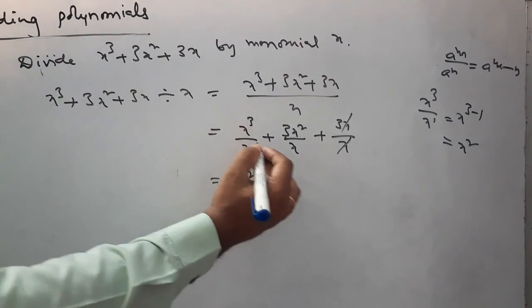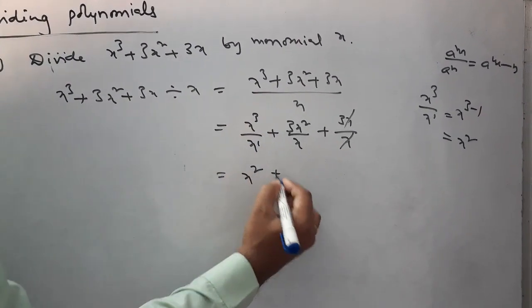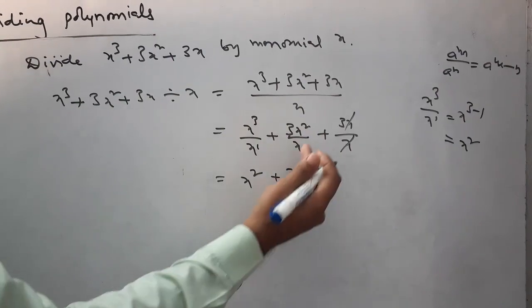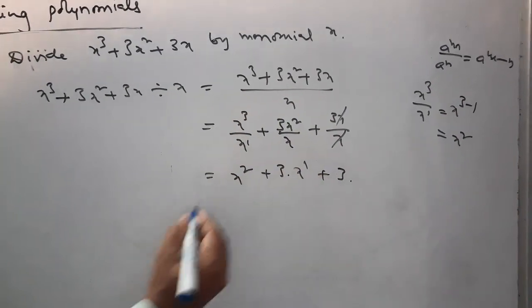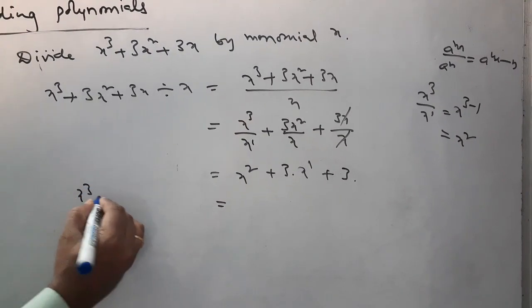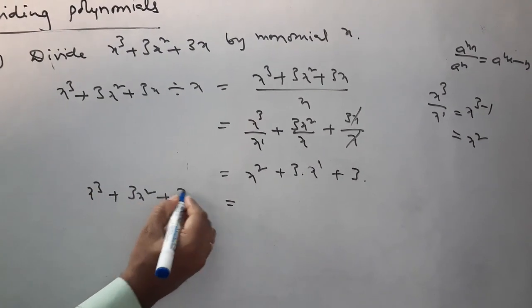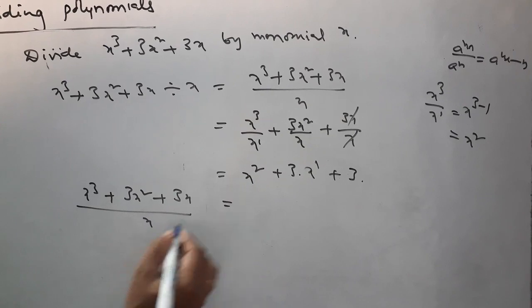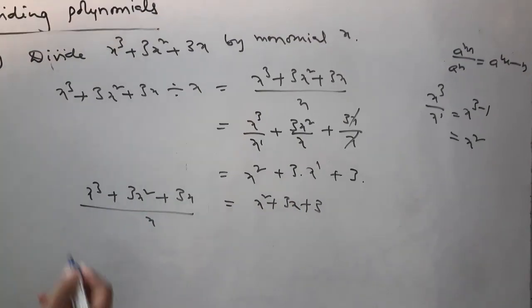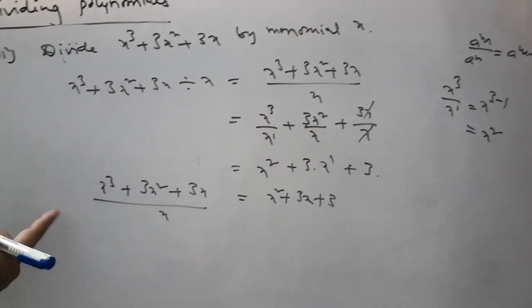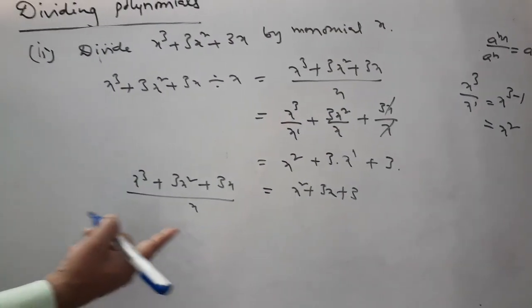We decrease the power by 1, so 3x square by x is 3x, and 3x by x is 3. So x cube plus 3x square plus 3x by x is equal to x square plus 3x plus 3. This is the division of a polynomial by a monomial.